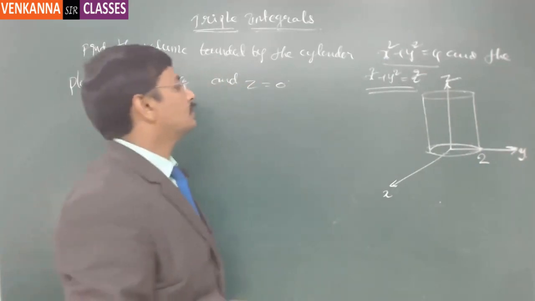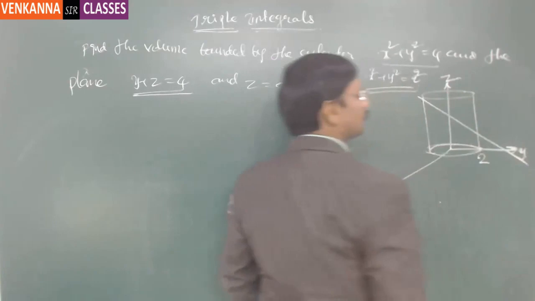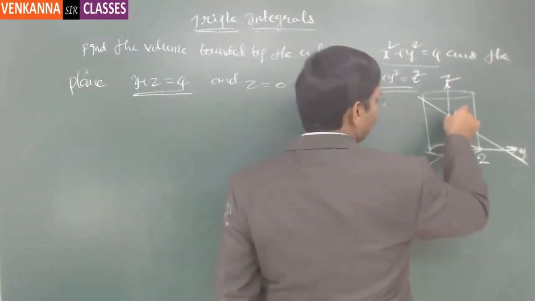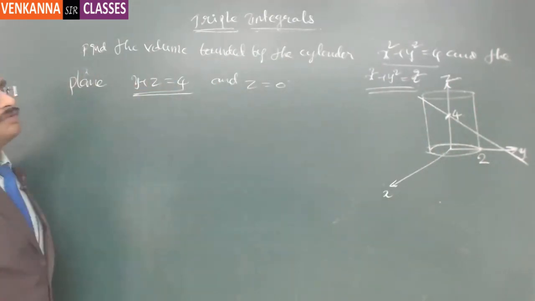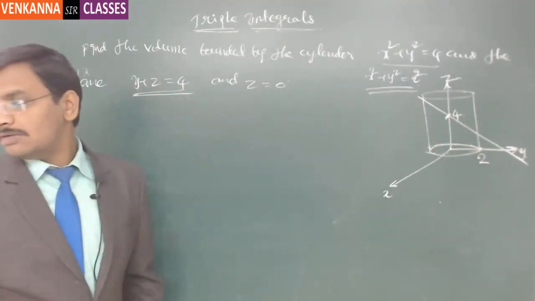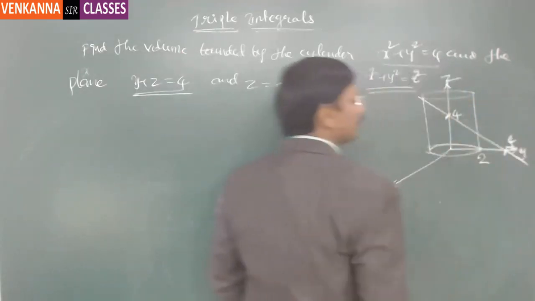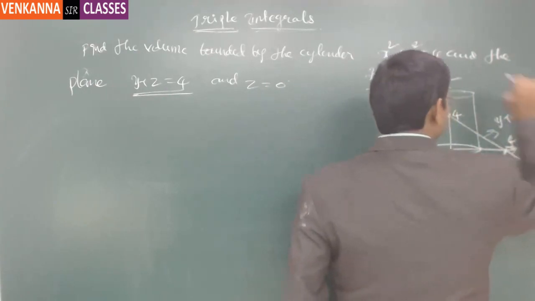If you draw a slant line like this, this is the slant line. Here this is 4, because when y is equal to 0, the z value will be 4, and when z is equal to 0, the y value will be 4. So this plane is represented by y plus z is equal to 4.